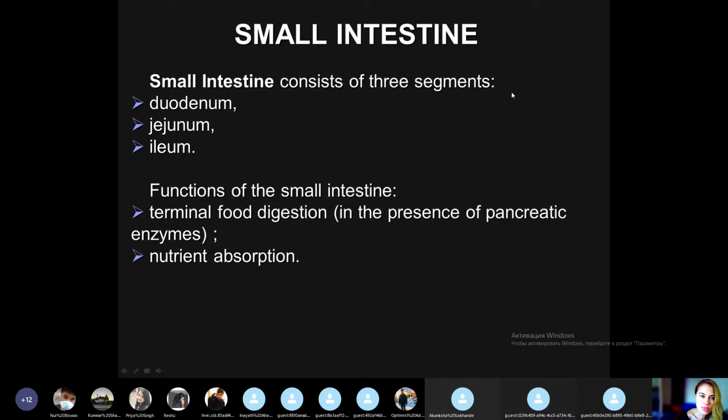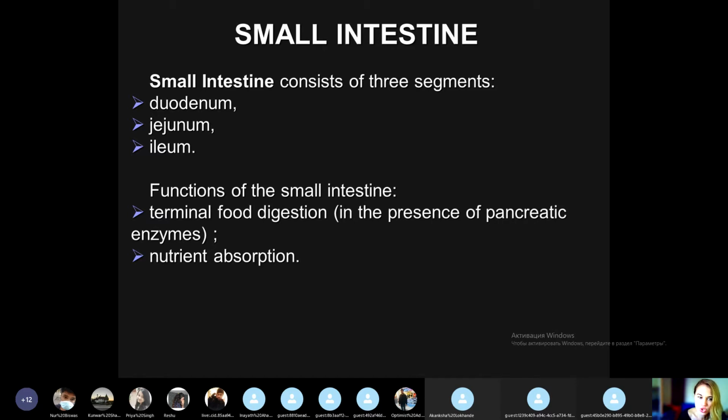Small intestine, the next organ that we need to discuss, and here you can see that the small intestine anatomically is subdivided into 3 segments: duodenum, jejunum, and ileum. The function of the small intestine is terminal digestion of the food, because we remember that initial digestion of the carbohydrates happens in the oral cavity, and initial digestion of the proteins and lipids happens in the stomach.